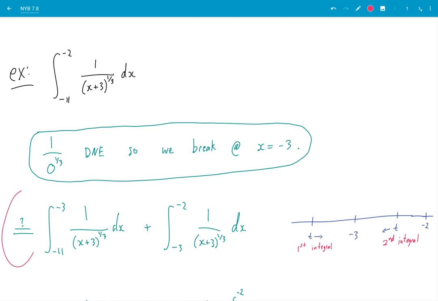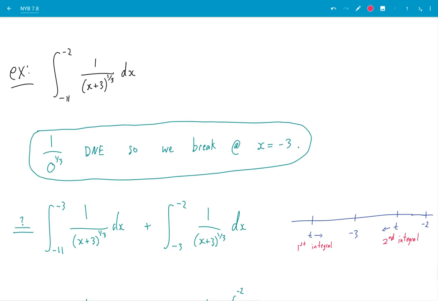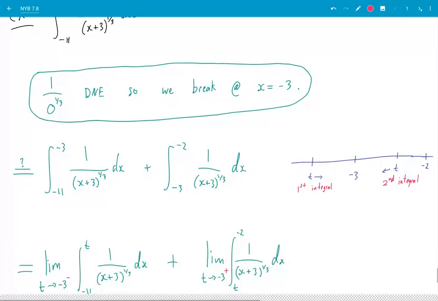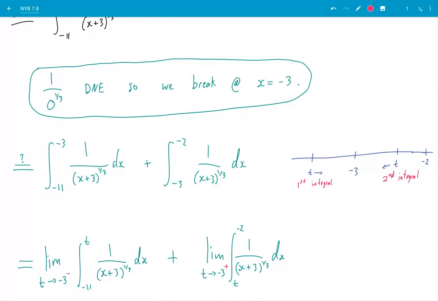And again, the question mark, because we're not willing to write this equal sign down unless the two pieces converge. And we don't know that yet. Okay, over here on the right, I'm trying to talk about what's happening with the two separate integrals. So for the first integral, I'm approaching minus 3 from the left.